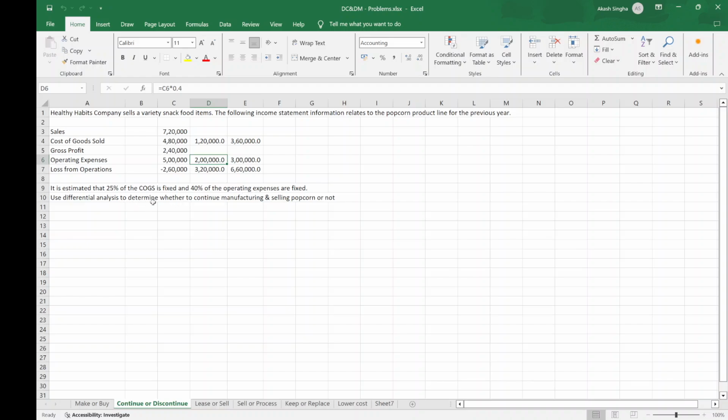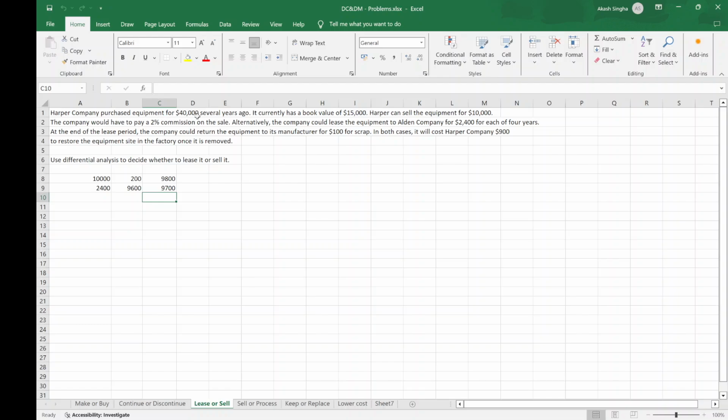Use differential analysis to determine whether to continue manufacturing and selling at a profit. So we have to calculate variable cost. This is fixed, right? So how much is variable? This much. This is fixed, so how much is variable? This much. So total variable cost is 660. If variable cost is less than sales, that means this 60,000 we are profiting, right? Because fixed cost you have to pay anyway. So we should continue.